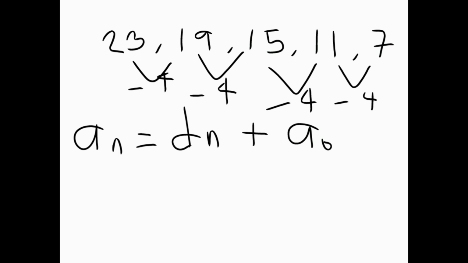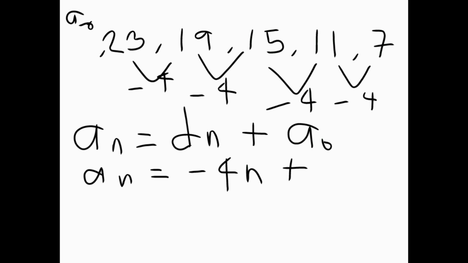Okay, so the formula here, our common difference is negative 4, so we have negative 4n plus, what is our zero term? Now again, the zero term is the term before the first term. So if we're going to write a number before 23, what is that number?